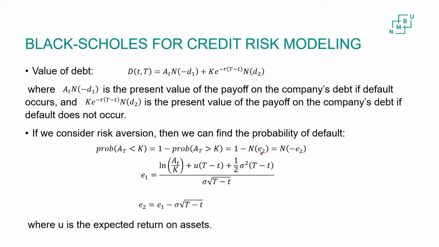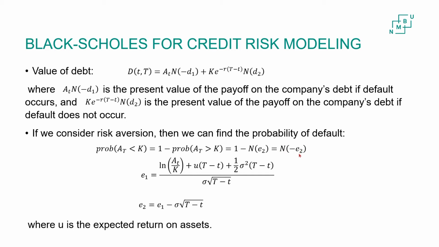And this is via symmetry. Some slides ago, you saw that the normal distribution is symmetrical. So 1 minus the normal distribution function given a number is just equal to the cumulative normal distribution given the negative of that number.